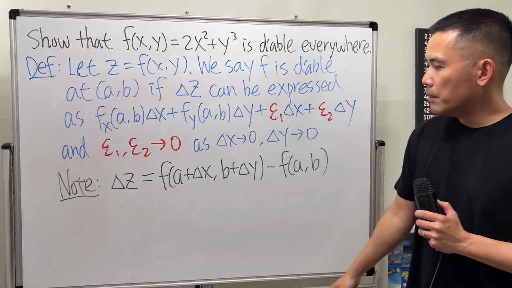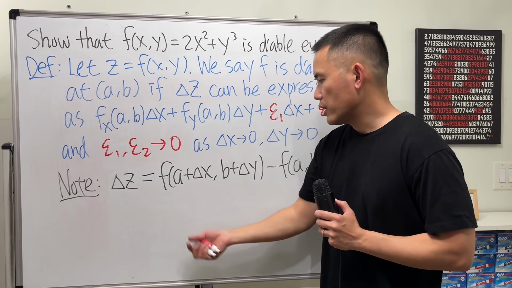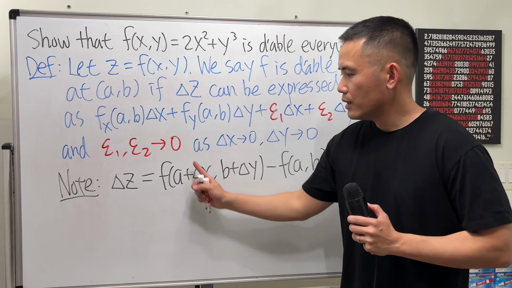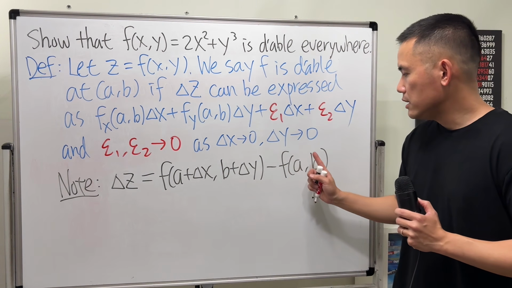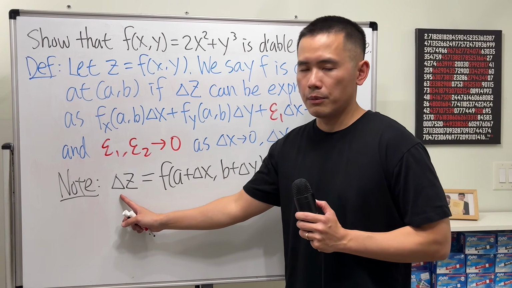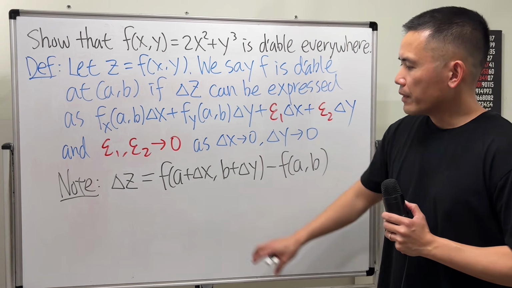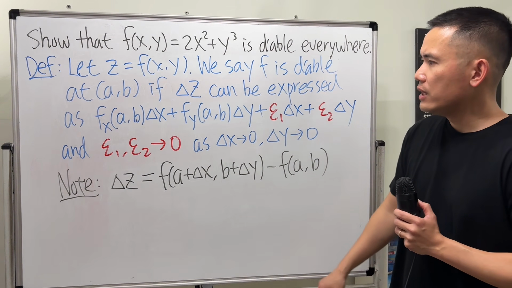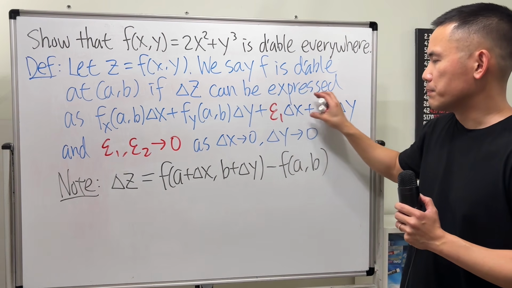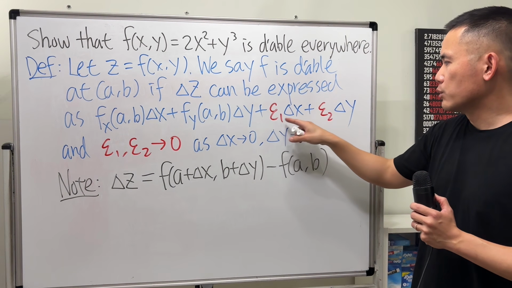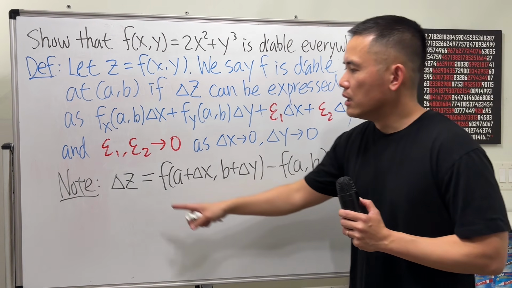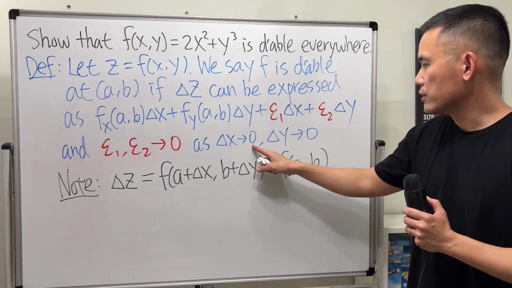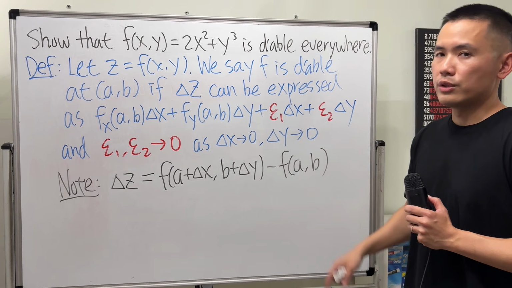But if you move a little bit in the x direction and a little bit in the y direction, we get a new value for z. So we do the new value minus the original value. That's how we compute delta z. This just requires algebra, and then hopefully we can match it with this form with partial derivatives and epsilon 1, epsilon 2, and hopefully epsilon 1 and epsilon 2 will approach 0 as delta x and delta y approach 0.